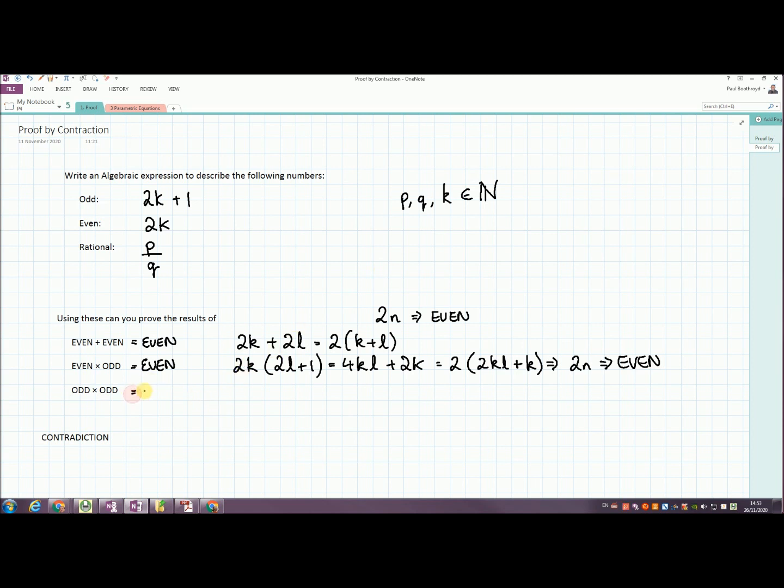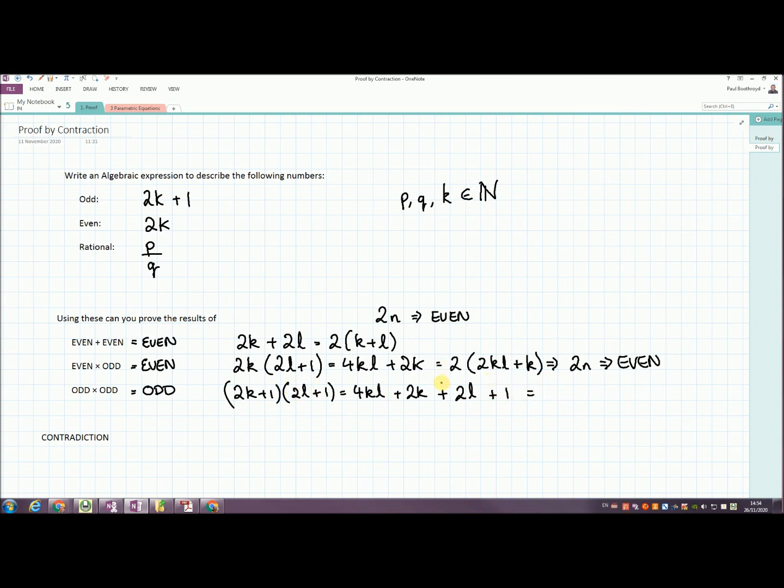What happens with an odd times an odd? Well, we take our two expressions, 2k plus 1 and 2l plus 1, and when we multiply them we get 4kl plus 2k plus 2l, and then we've got 1 times 1 on the end, plus 1.